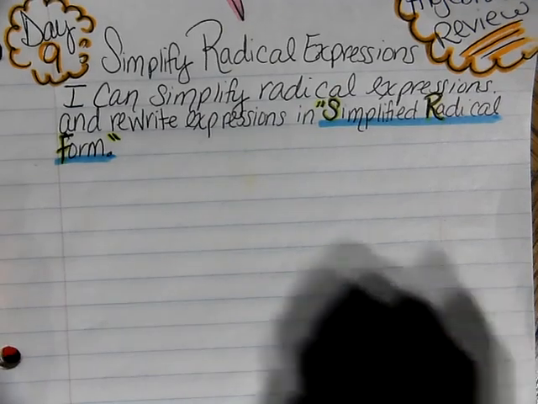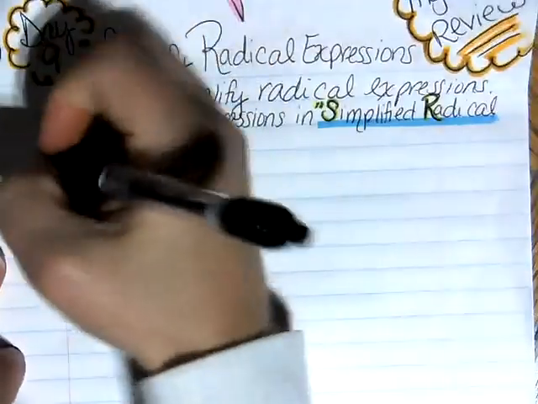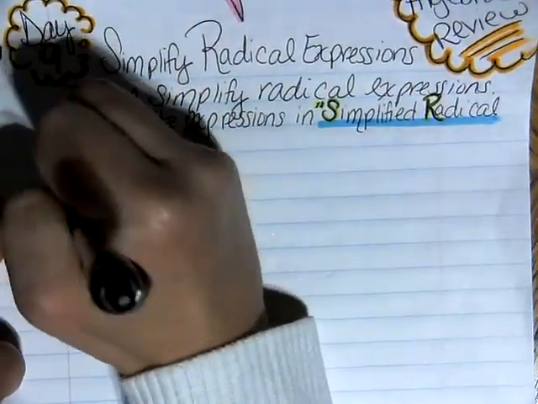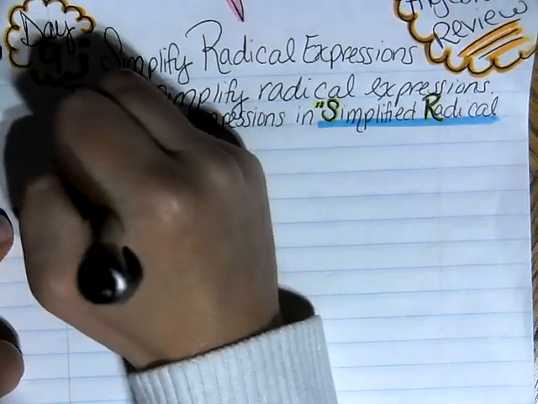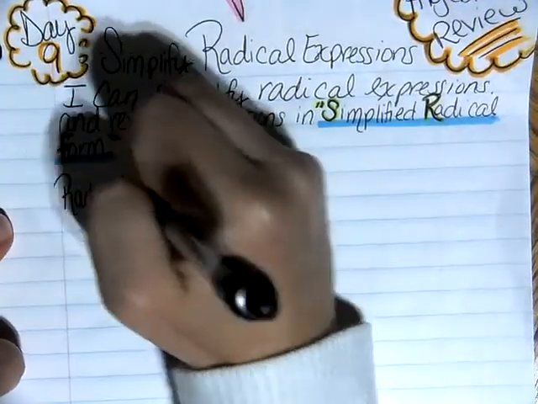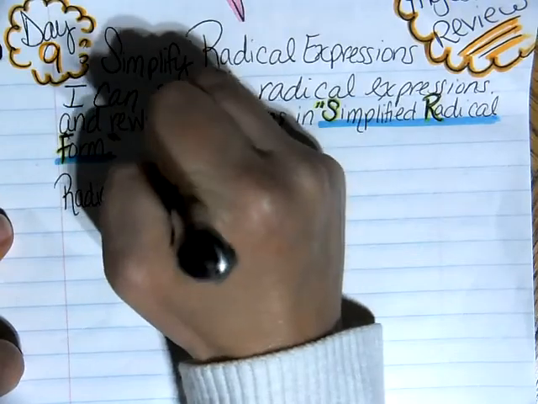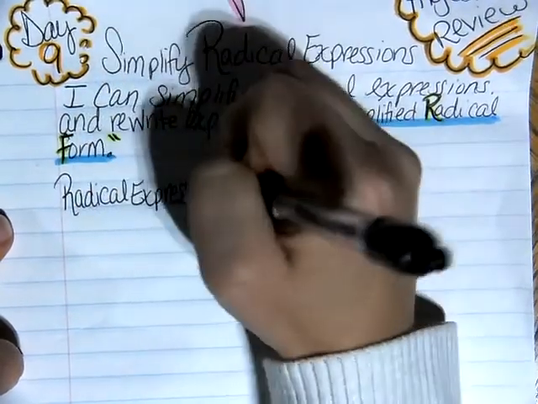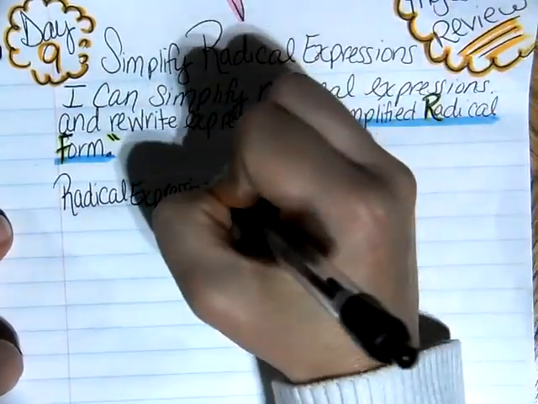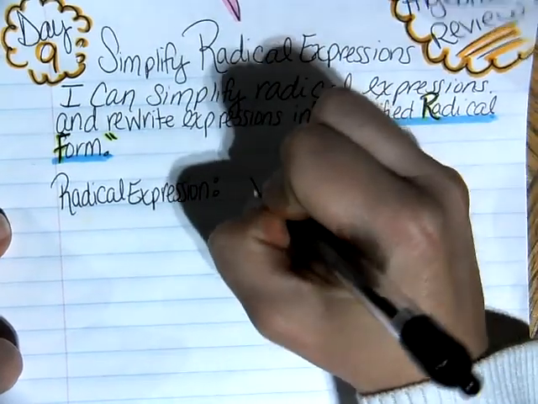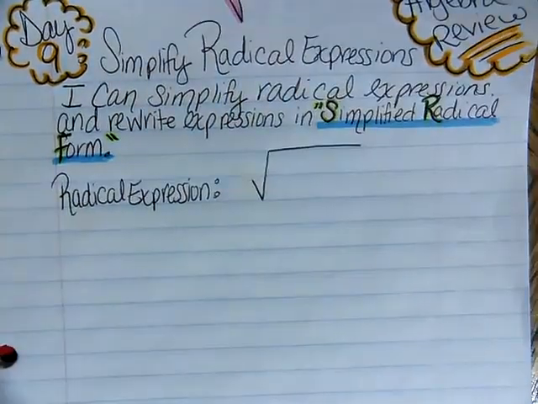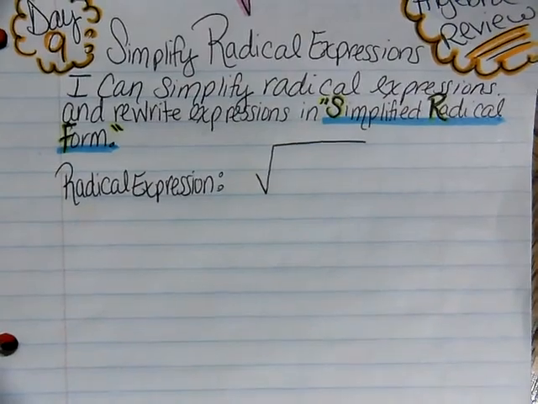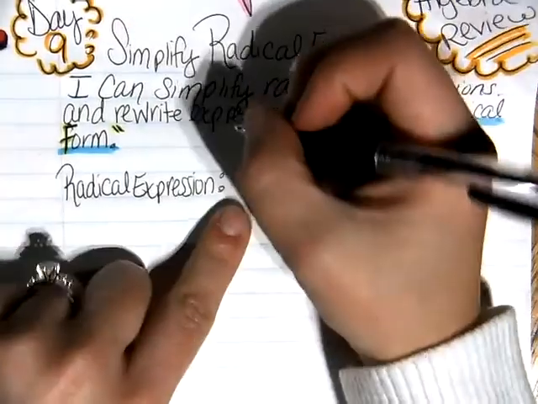So the first thing that I want to do is talk about what a radical expression is. A radical expression looks like this. We have a square root symbol. And outside the square root symbol, we will have a number.